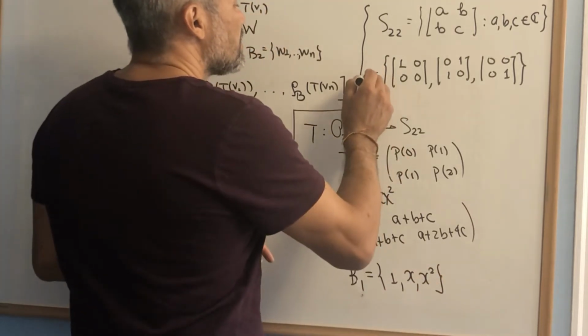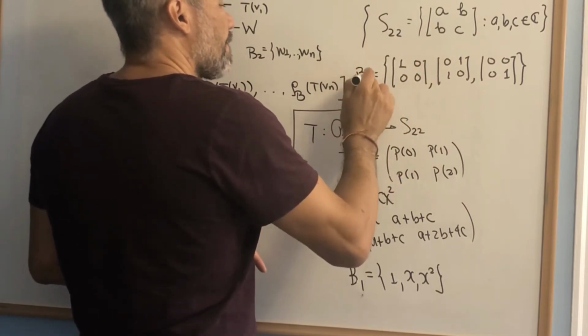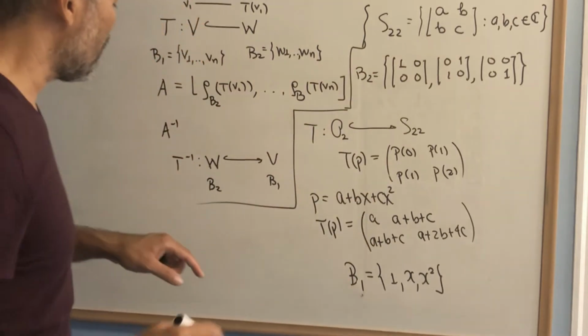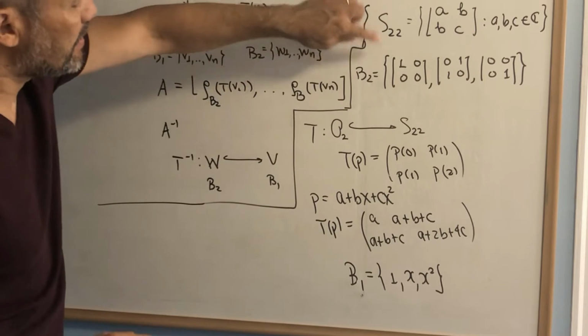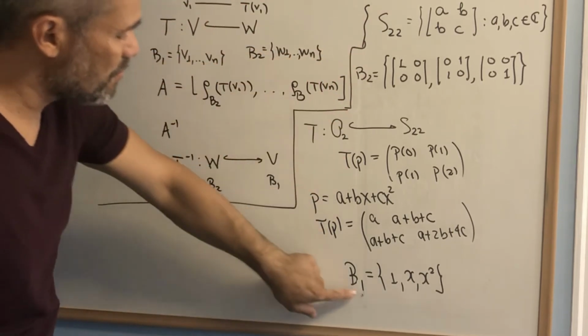And let's call this B2. Then we need to compute the matrix associated with this transformation with respect to these two bases.